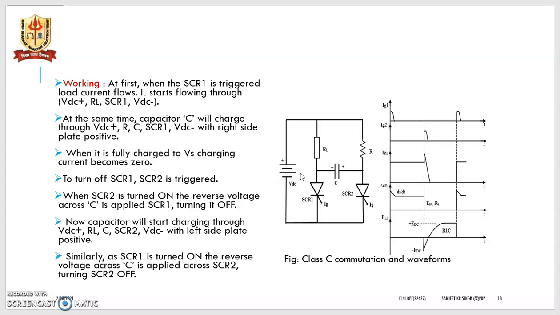So it will turn off. SCR1 will be turned off as SCR2 is turned on. Similarly, when we turn on SCR1, the reverse polarity will get applied across the second SCR and it turns off. So in this way, it is complementary symmetry commutation used here.